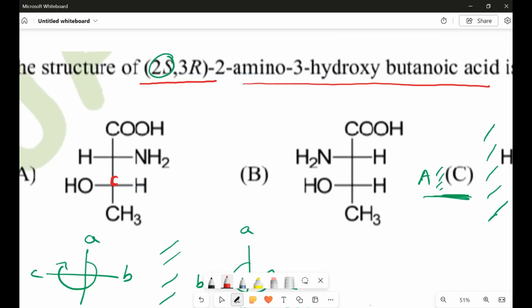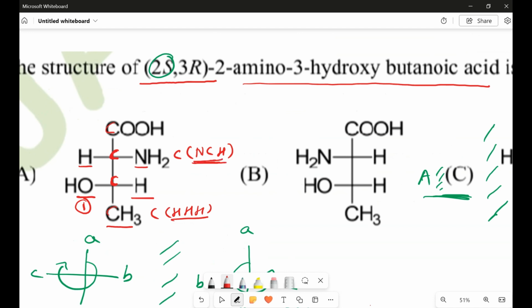If I know the configuration of the third carbon, then I can straight away get to the answer. C3 carbon is attached to hydrogen, oxygen, a carbon with three hydrogens, and the carbon containing nitrogen, carbon, and hydrogen. Obviously oxygen will take the first priority. Now this carbon contains nitrogen, carbon, and hydrogen, so nitrogen takes the upper hand; compared to three hydrogens, this carbon has higher priority.